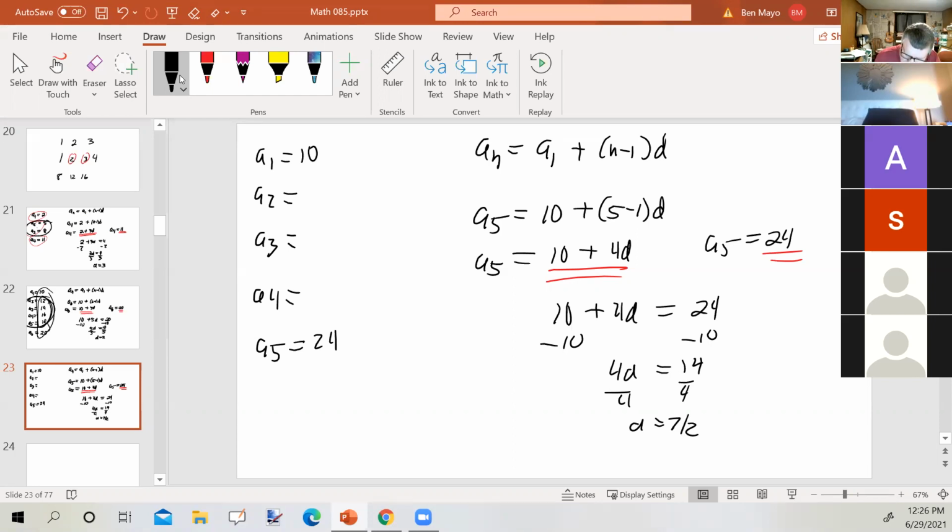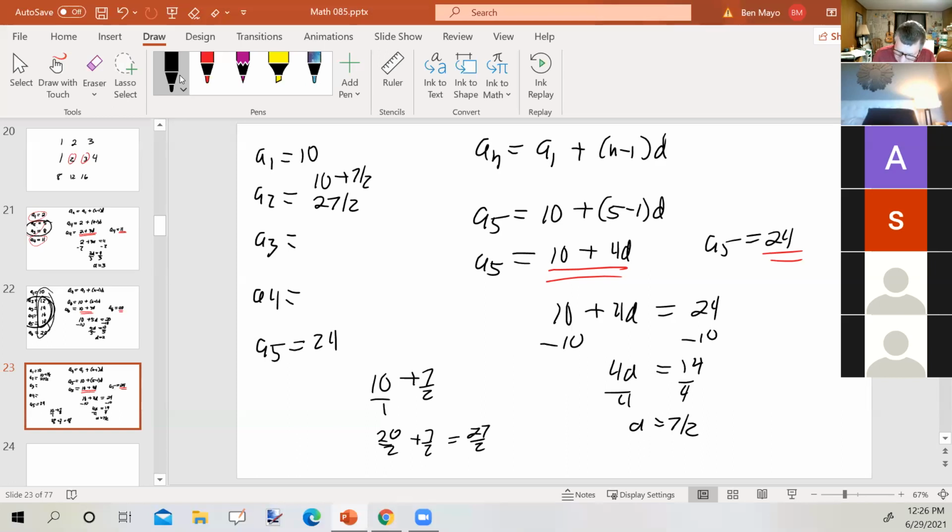So a sub 2 is going to be what? 10 plus 7/2. Recall yesterday I said that you don't want to use mixed numbers. So I'm going to have to take 10 plus 7/2 and write it as an improper fraction. Well, wouldn't that be 20/2 plus 7/2, which would be 27/2? You see where I'm getting that? Yeah. All right. What's the next one?